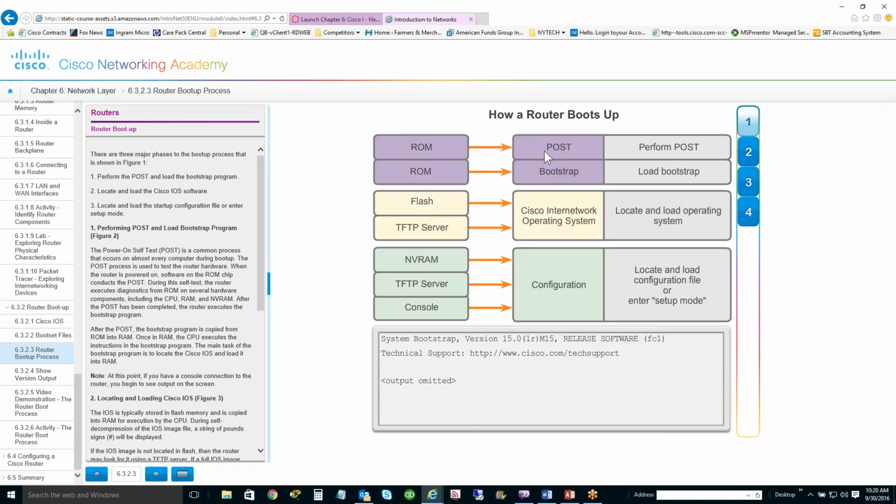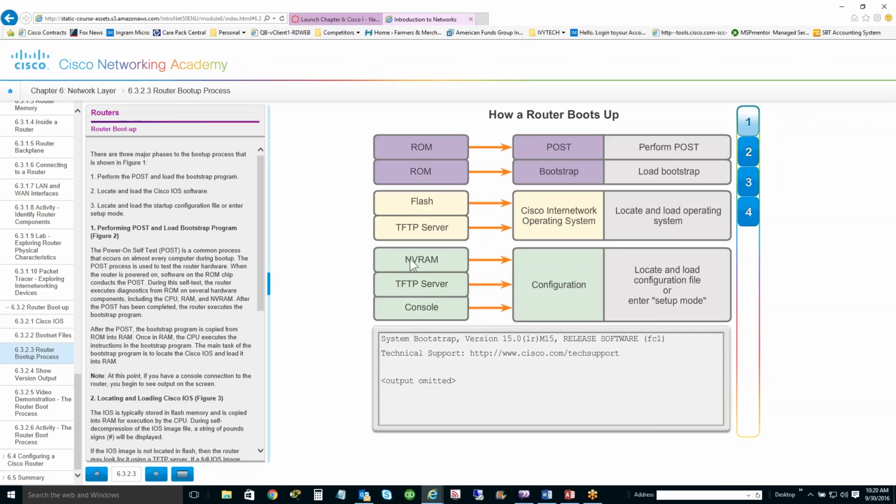So just real quickly, how it boots up is it does your POST and loads that from ROM, which is your bootup, and your bootstrap gets it from ROM, and then from Flash or a TFTP server, it grabs your Cisco IOS operating system and loads that operating system.